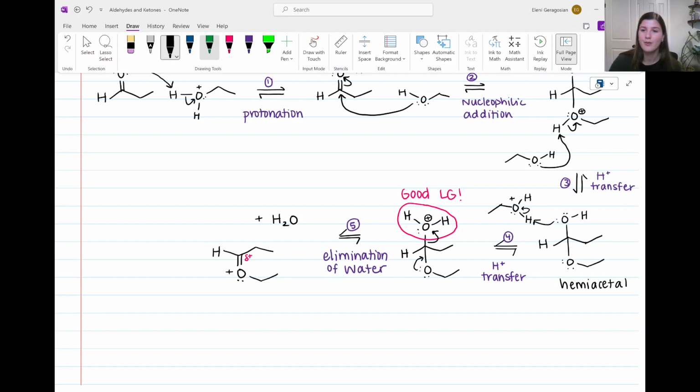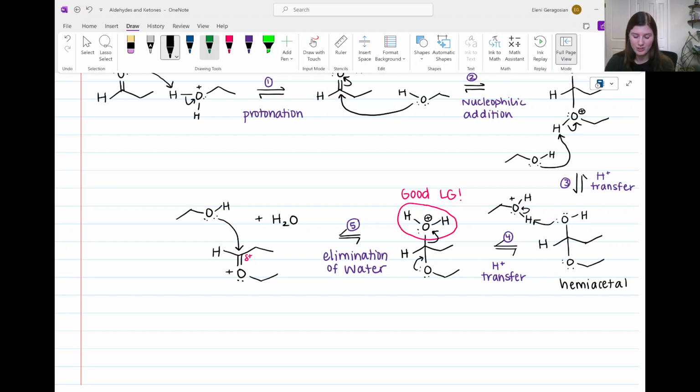Well, what other nucleophile do we have present? We have our solvent molecule present. Neutral solvent molecule is a good enough nucleophile when we have that positive oxygen bonded to a carbon. So our next step here is another nucleophilic addition reaction.